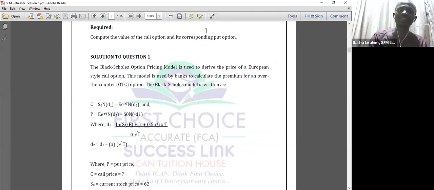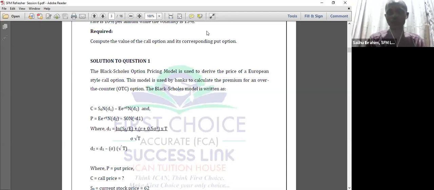Now, the Black-Scholes option pricing theory is used to calculate the value of a call option. Take note, it is used to calculate the value. The value of an option is also called the intrinsic value of an option. And what type of option? A call option, not for put. Are we together?